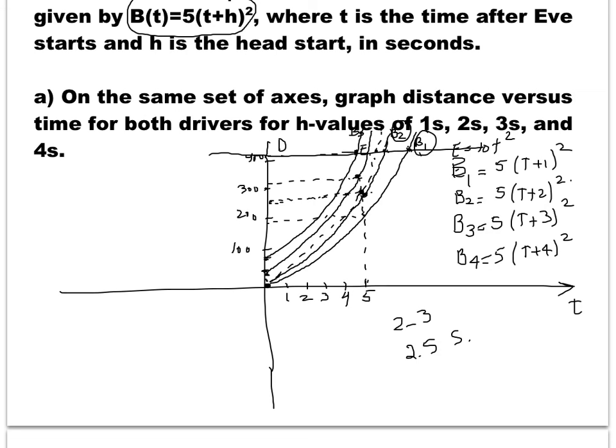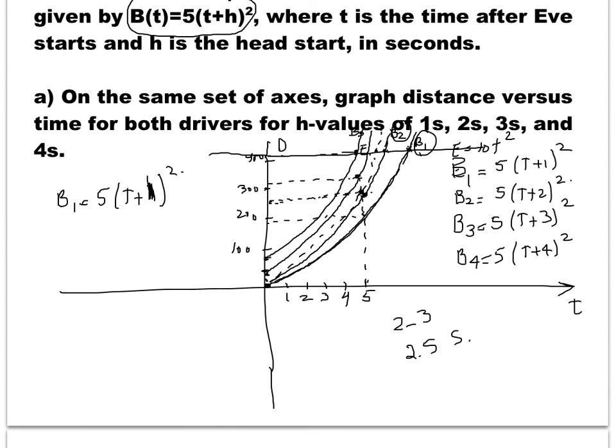Now, if the question is to find the domain and range of these functions, you can see that for instance, for B1, remember, B1 is equal to 5 times (t plus h), which is 1, (t plus 1) squared, which is this graph.